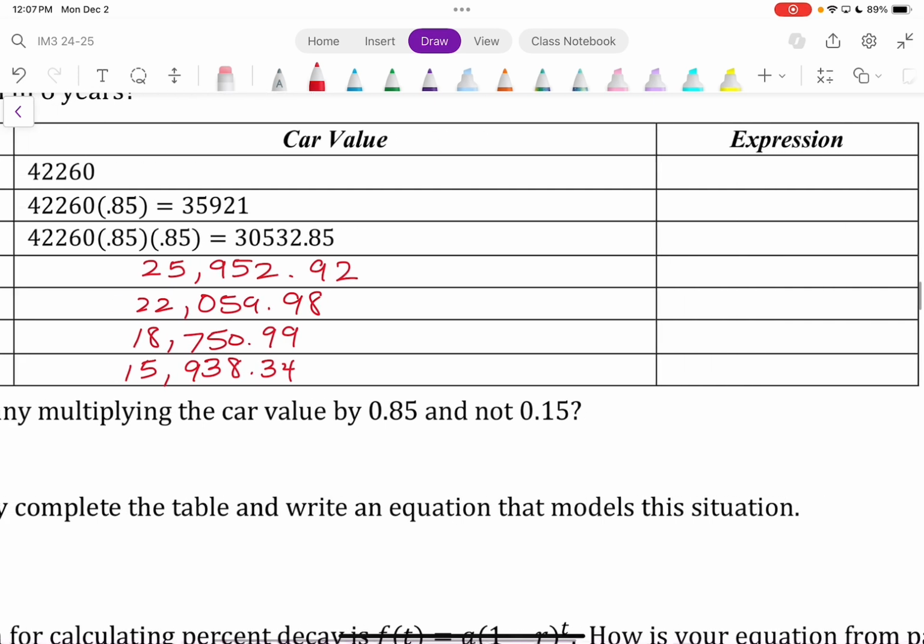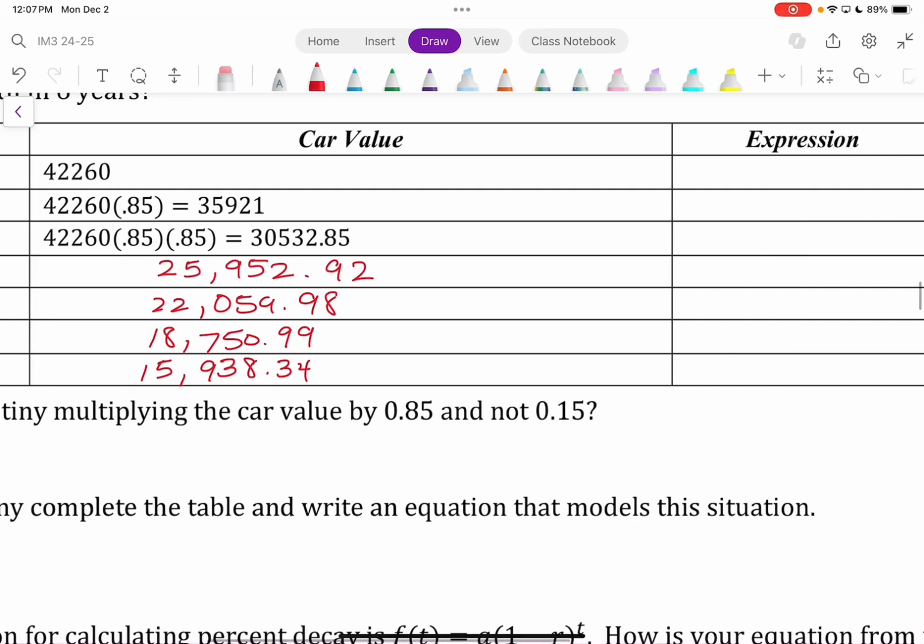Now, if we're looking at the expression, think about the expression 42,260. We're multiplying it by 0.85, but in this case, the 0th year, we multiplied it 0 times. After 1 year, it's 42,260 times 0.85 to the first, right? The exponent represents the year, so it's to the first. Then we have 42,260 times 0.85 to the second.